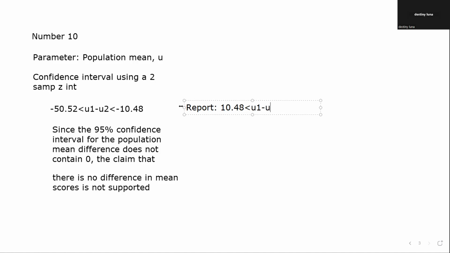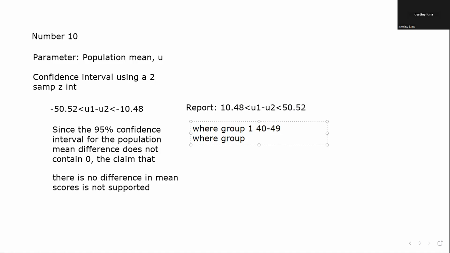Mu1 minus mu2 is less than 50.52, where group one is the 40 to 49-year-olds, and group two is the 19 to, I forget how old they are, let me check.